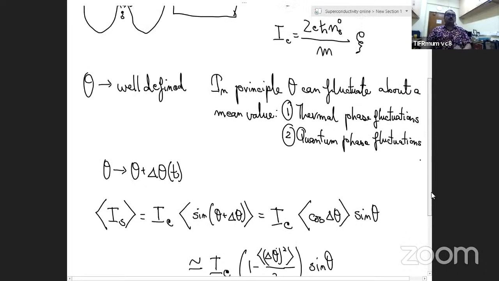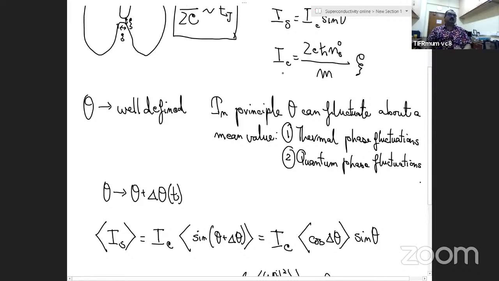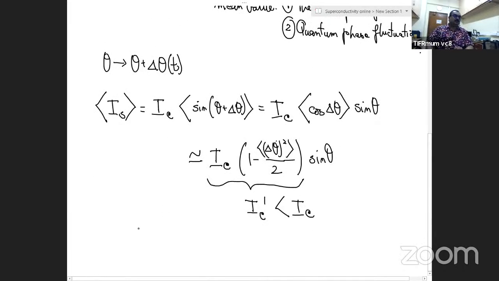Now, of course, you know that the critical current is related to the superfluid density, and therefore this equivalently means that the superfluid density in the weak link has got suppressed, not on the pads but on the weak links, not on the islands. And this will be given by exactly the same expression.